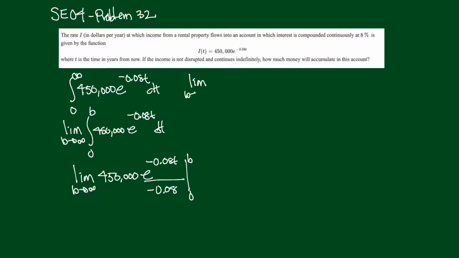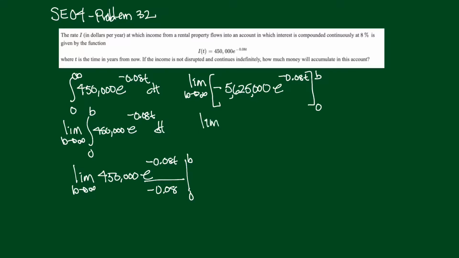The limit as b goes to infinity of negative, all right, 5,625,000, and then e to the negative 0.08 t from 0 to b.